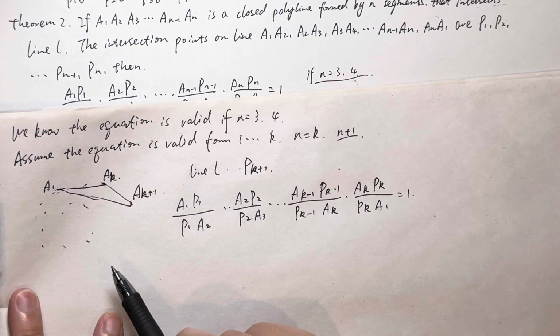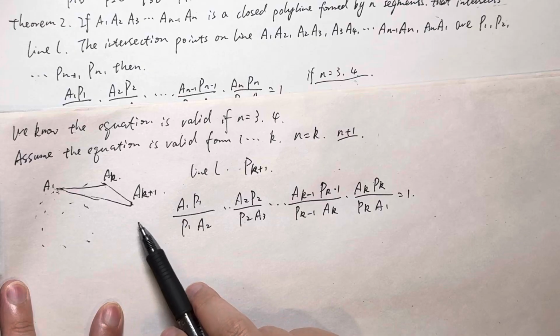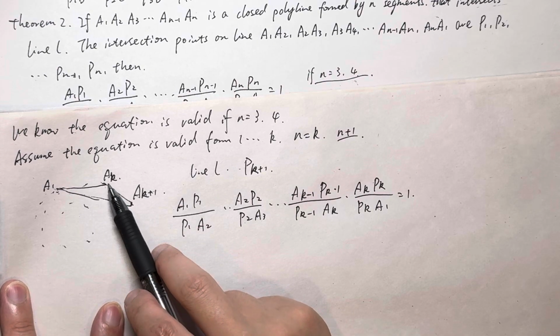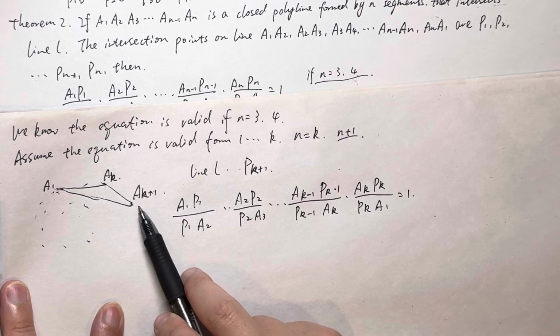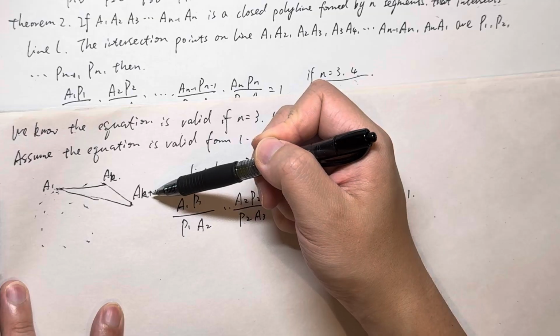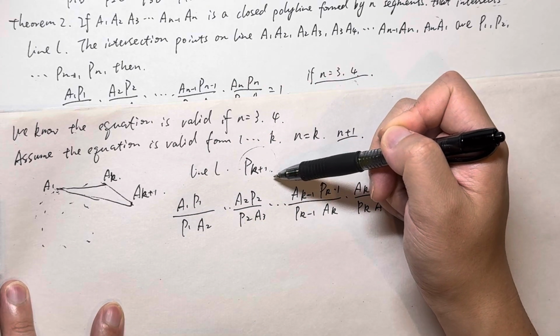And we know that the line meets A1. Wait, no, the line meets AK. AK, the line meets with AK plus 1 on the PK plus 1, this point, right?